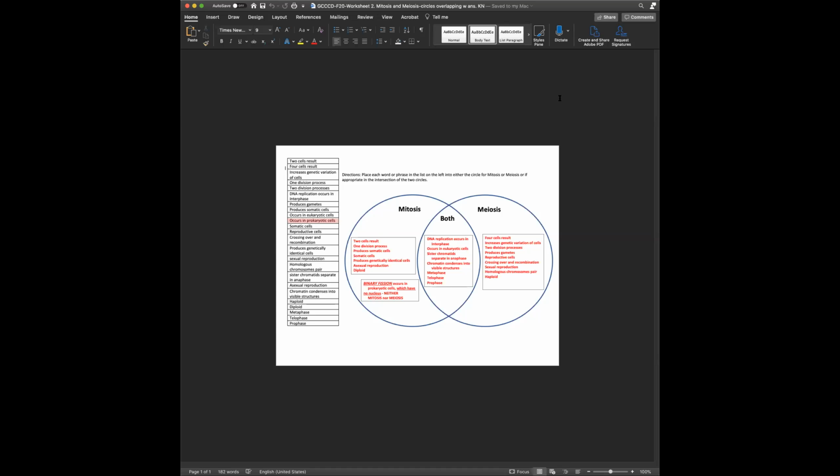It occurs in prokaryotic cells. Can't have mitosis or meiosis because those are nuclear divisions, and prokaryotes don't have nuclei. So binary fission has neither mitosis nor meiosis, and it occurs in prokaryotes. It's an important point, and it's a distinction that you should have in your mind.